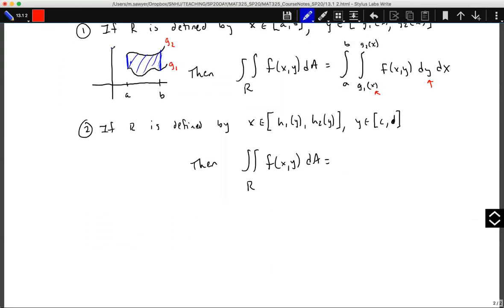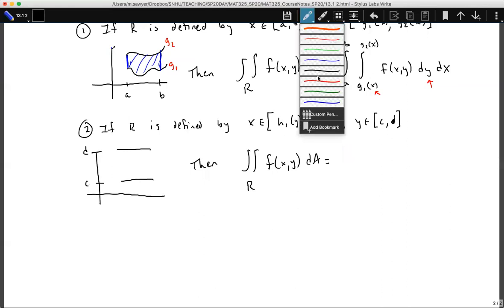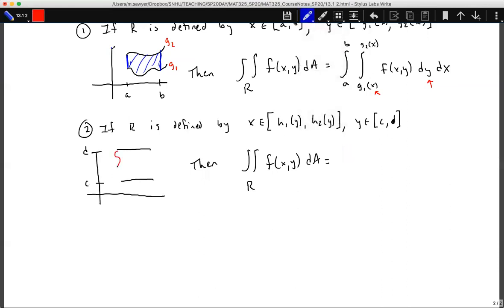Now, if the region is defined where x is a function of y, so we have a corresponding picture here where our rectangles, our intervals here, c and d, y is where that's constant. So we have our constant bounds here as y, but our rectangles x. Here are our functions h1 and h2 as a function of y.